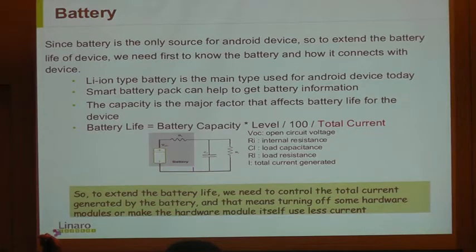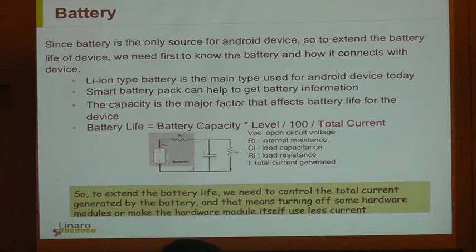Okay, let's first learn something about the battery. Since the battery is the only power source for an Android device, to extend the battery life of the device, we had better know some basic things about it and how it connects with the device. Nowadays, the main type used by Android devices is the Li-ion type.